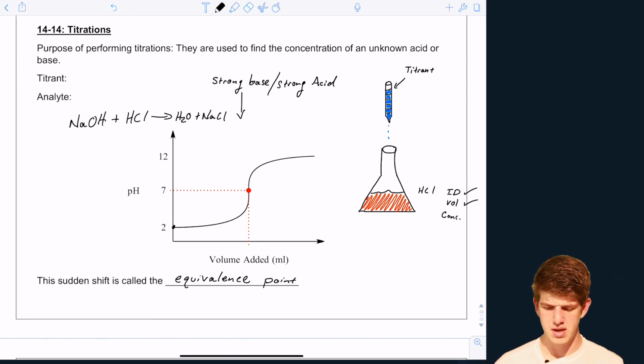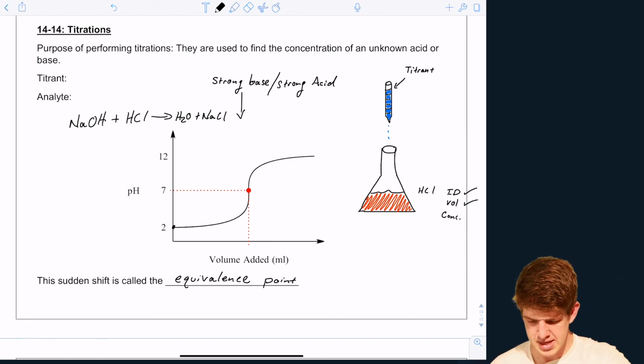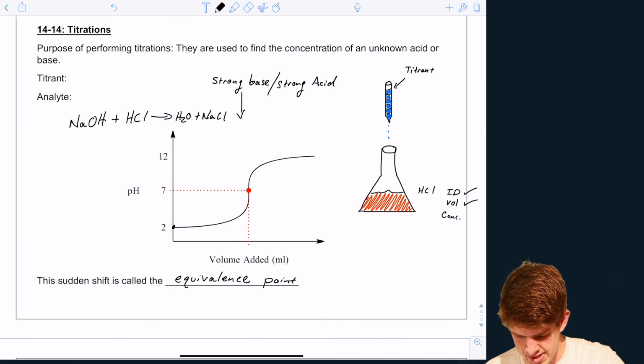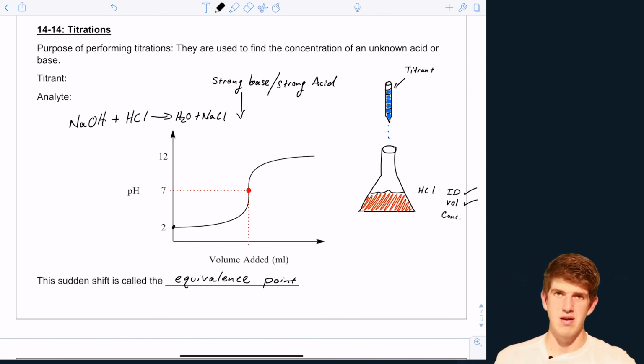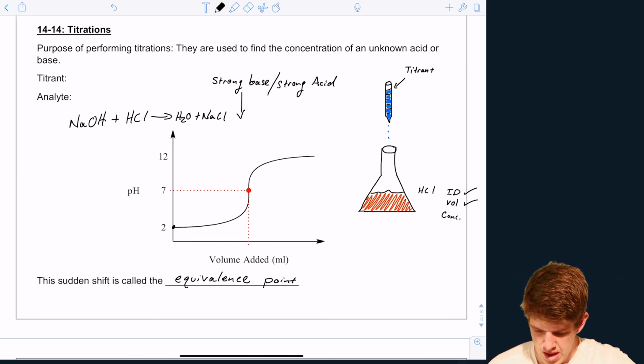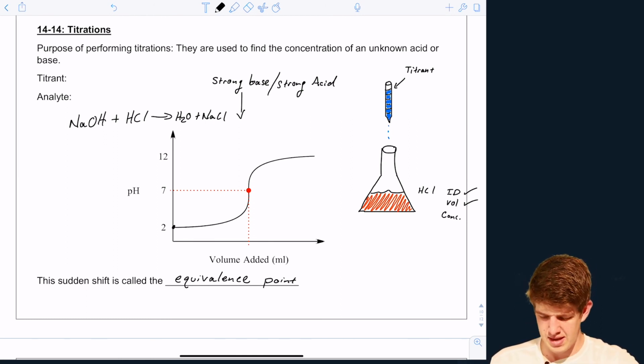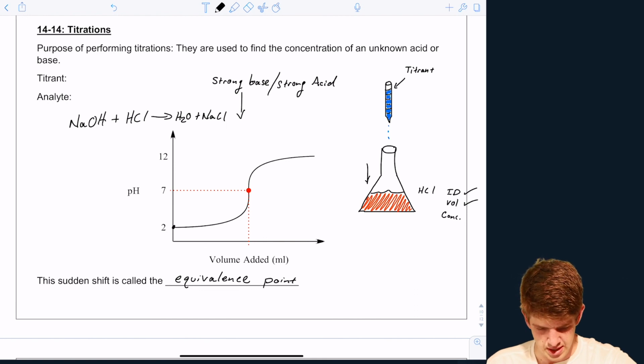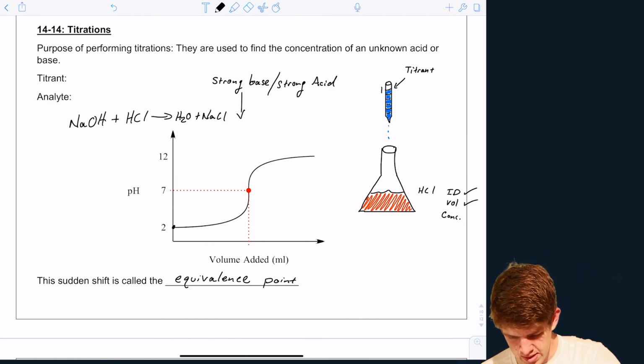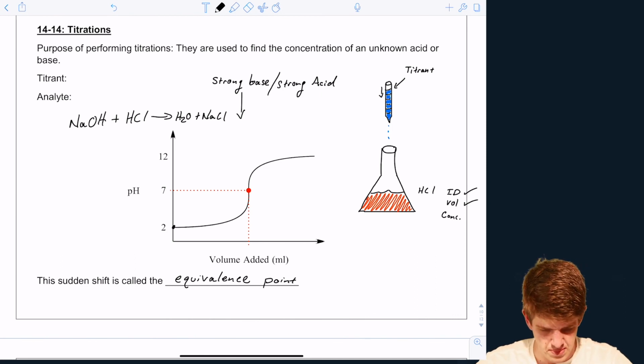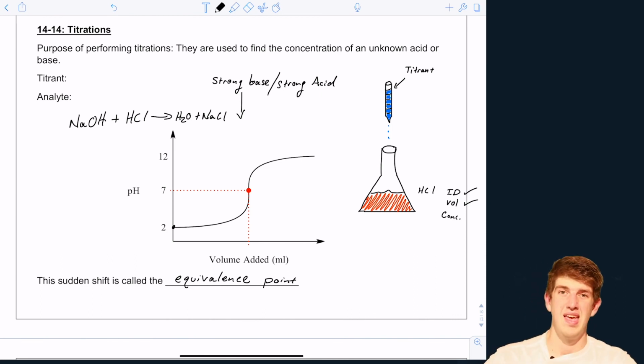In this case, we haven't been told the concentration yet, I'll tell you that in a second, but we know it's NaOH, and when I drop it into that vessel here, the measurement is going to decrease, and I'm going to be able to tell how much I've added.